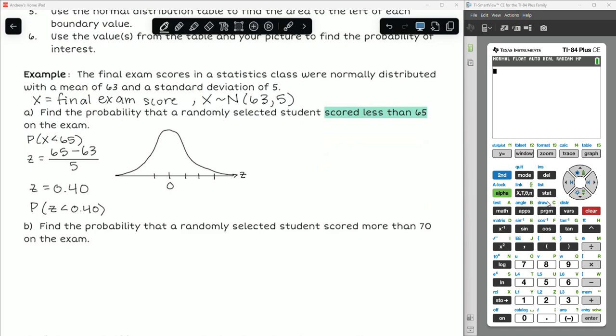Then we're counting by number of standard deviations, 1, 2, and 3 in each direction. I'm going to come here in a different color and mark where my boundary is. My z-score is 0.4, so that's in between 0 and 1, right about here. I'm going to label that, and then shade in the direction that represents less than. Less than means values smaller than, and I know that is this direction here.